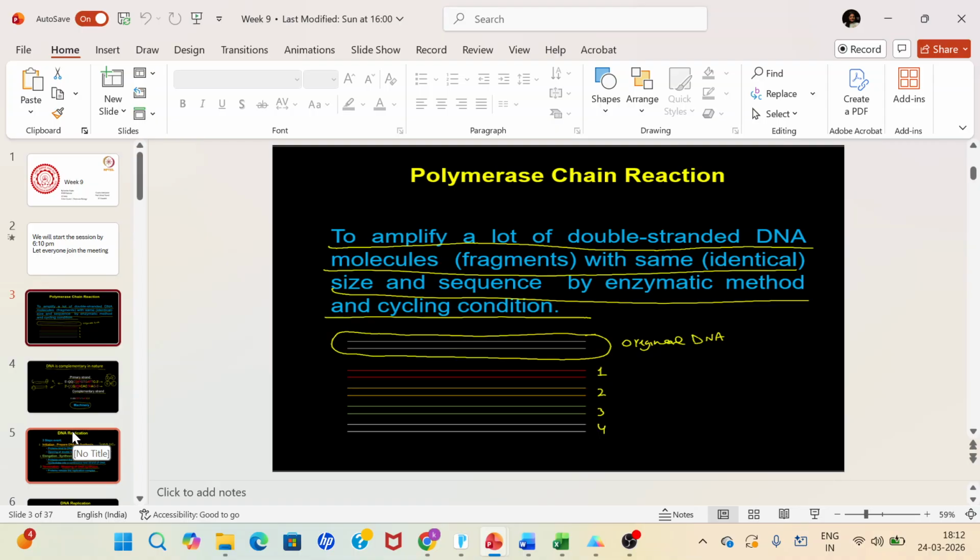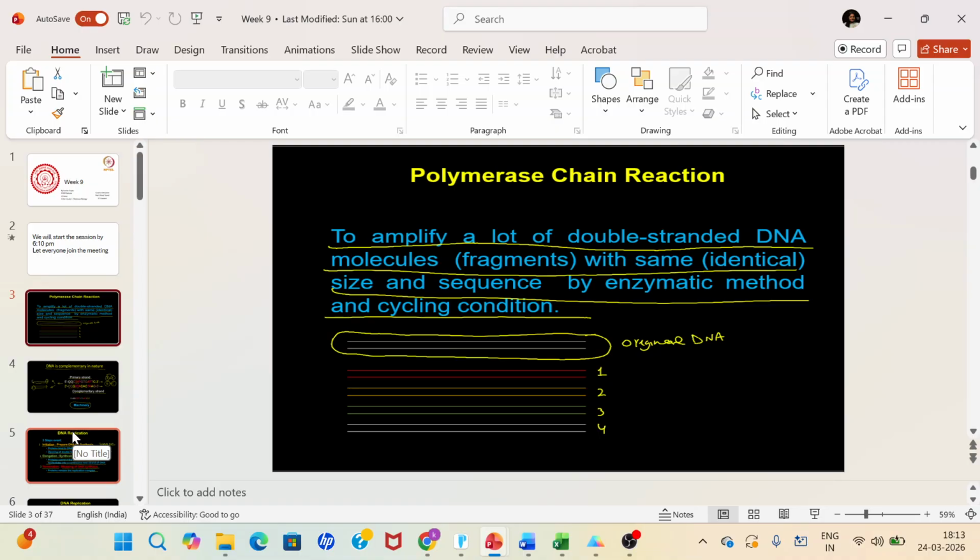Polymerase chain reaction is basically an amplification technique in which we amplify our gene of interest or whatever part of DNA we want to amplify. So to amplify that part of DNA according to our interest, we need a technique, and that is called polymerase chain reaction.